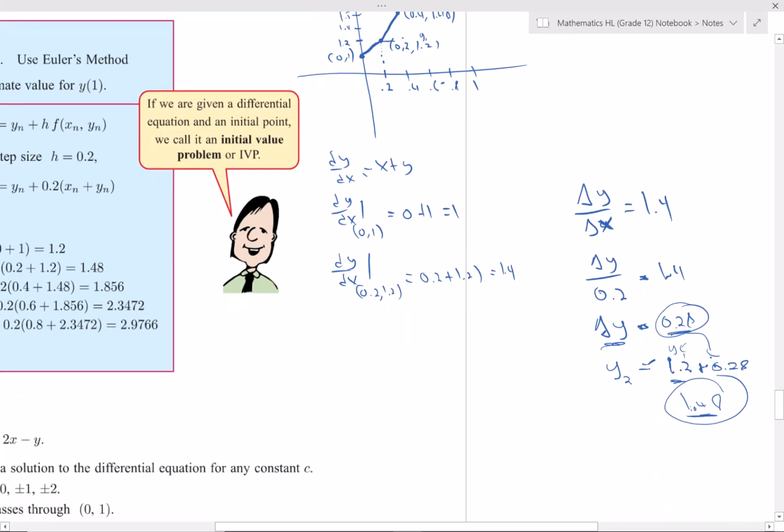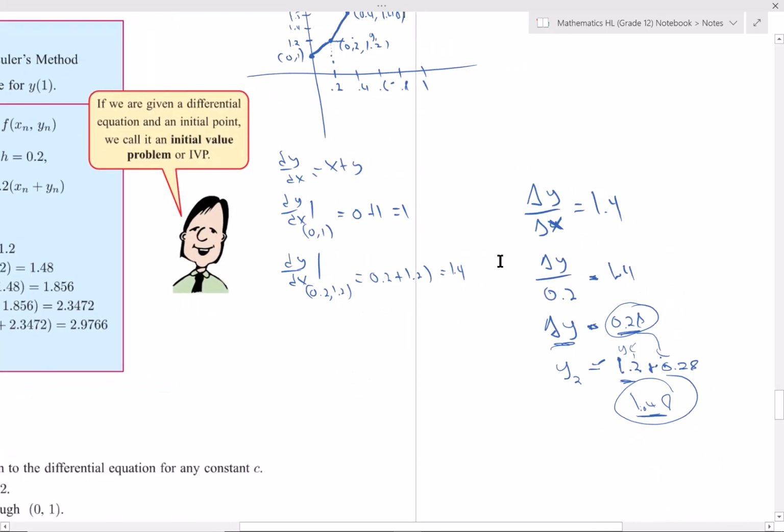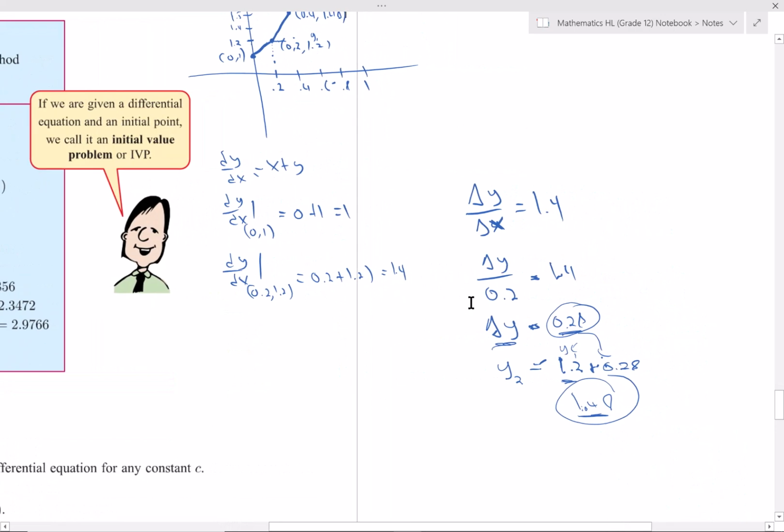So I don't know if you recognize where I'm getting this, but this is what's happening here. The next y-coordinate, so the yn plus 1, is basically coming from the yn plus the change in x times, what do we multiply it by?